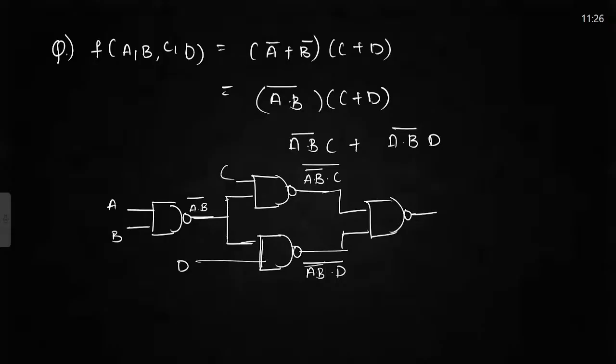Then I will get A B bar C plus A bar B D. If I am making A B bar common, and again I am getting C plus D.